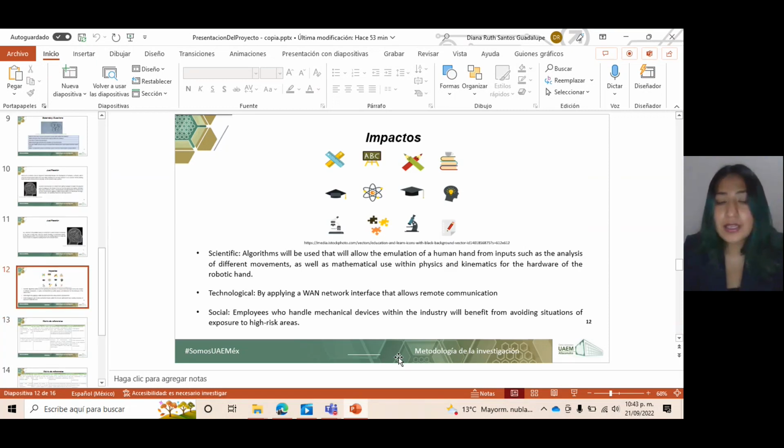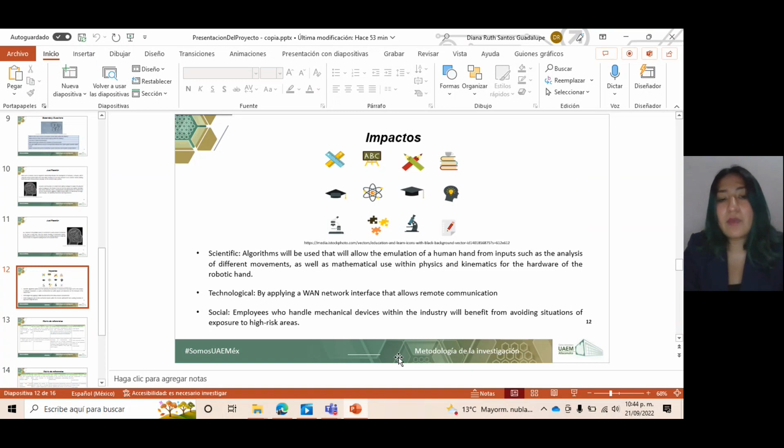The impacts are as follows. Scientific: algorithms will be used that will allow the emulation of human movement from impulses, and the analysis of different movements, as well as mathematics used with physics and kinematics for the hardware of the robot hand.